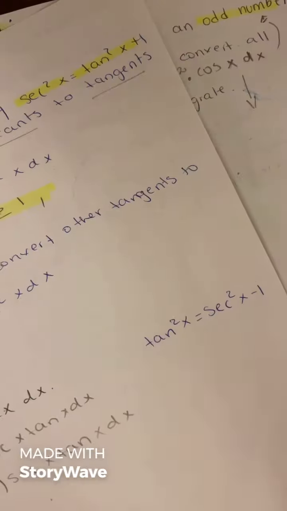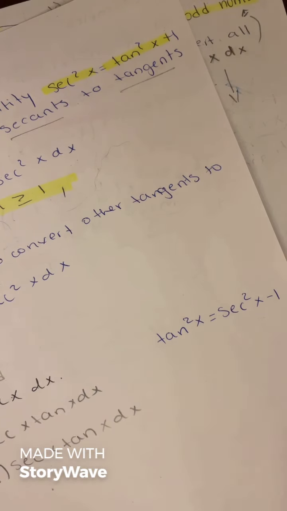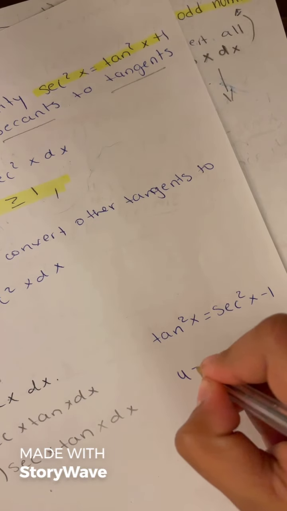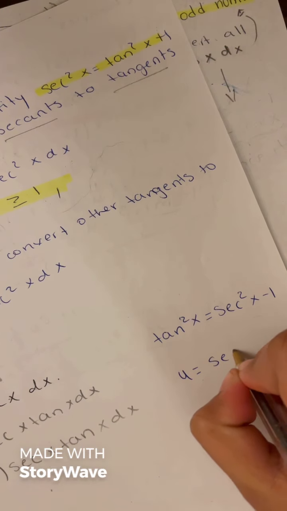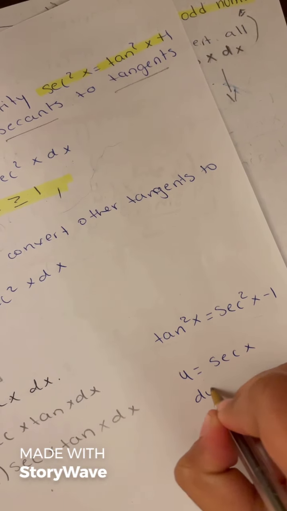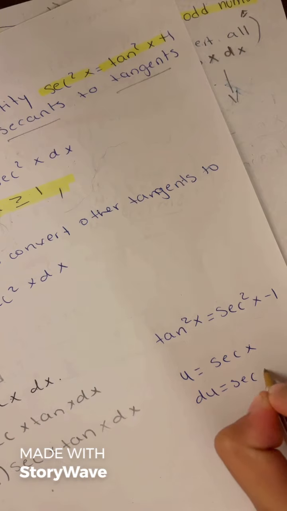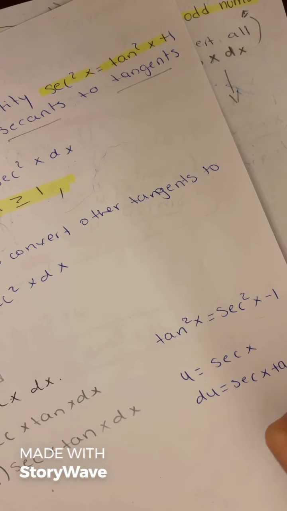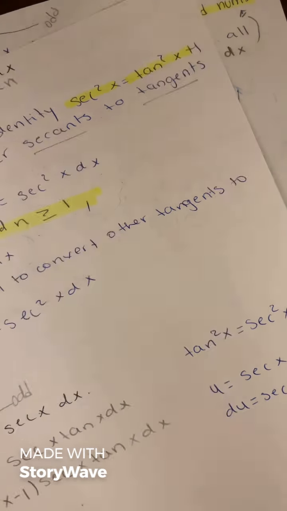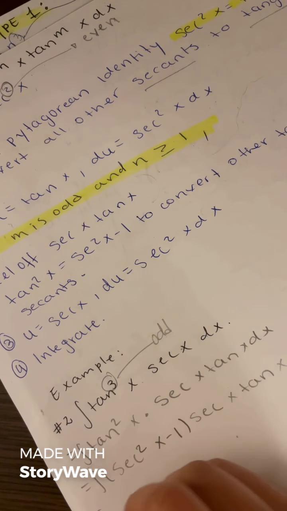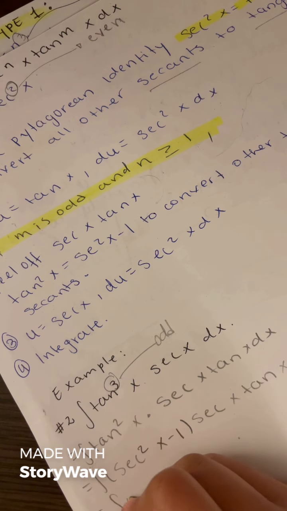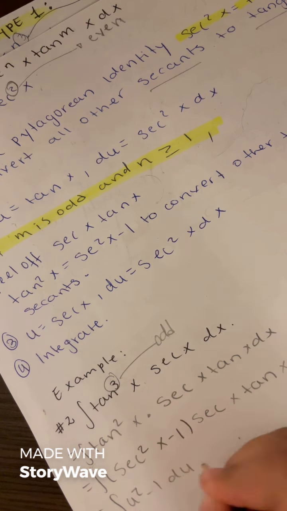Remember, we figure out which is u and which is du. So u will be equal to secant x, and du will be equal to secant x tan x dx. So we put it right here: it's going to be u squared minus 1 du.